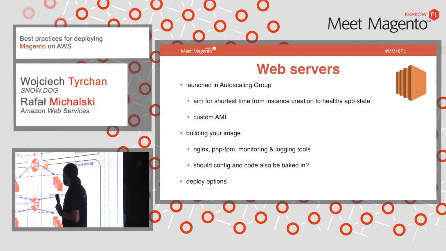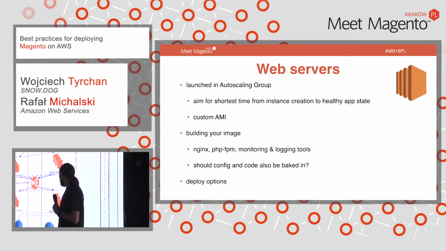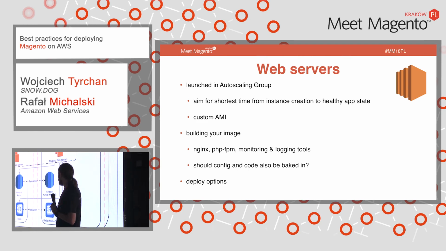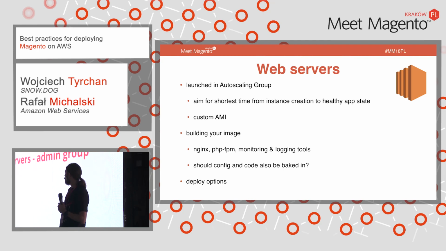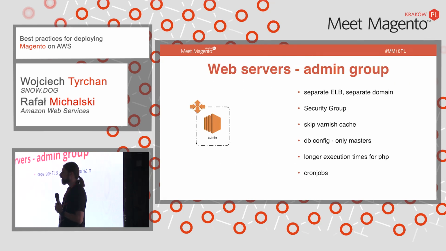So we just talked about Magento web servers. There are more Magento web servers, and there is the admin group. A good idea is to put it on a separate load balancer, on a separate domain. In Magento, you can put this on the default store view and configure it to only serve admin purposes.